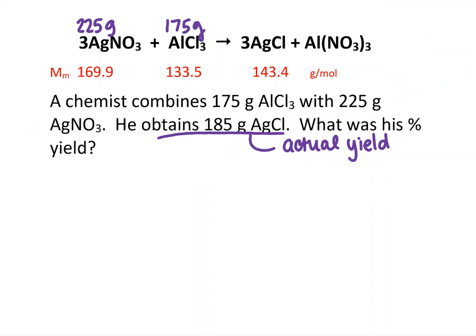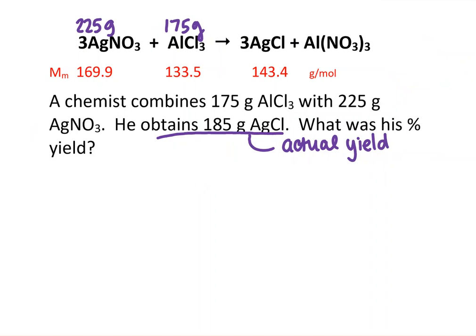So let's start with our stoichiometry, and we're going to predict how much of the silver chloride we could get. And notice, when we come up with that theoretical yield, it would be good if it's in grams, because to do that percent we need to have the actual and theoretical in the same units, so we can't just stop at moles. So I'm going to look for how many grams of silver chloride.